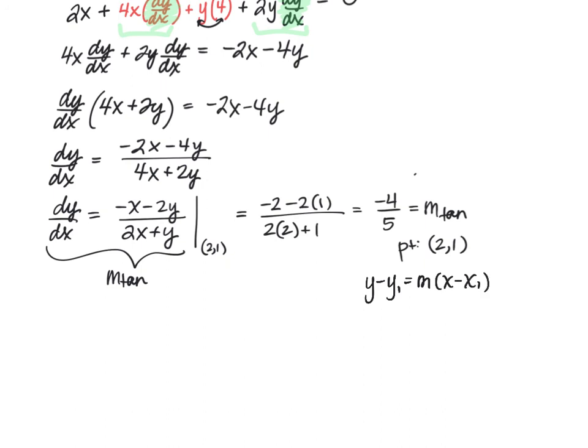So I would just go ahead and write this as y minus 1 equals negative 4/5 times (x minus 2). And on a written exam, this would be an acceptable answer. This is the equation for the tangent line written in point-slope form. But of course, if you wanted to go ahead and distribute this, you certainly could distribute and then write your final answer in slope-intercept form. That would be perfectly fine as well.